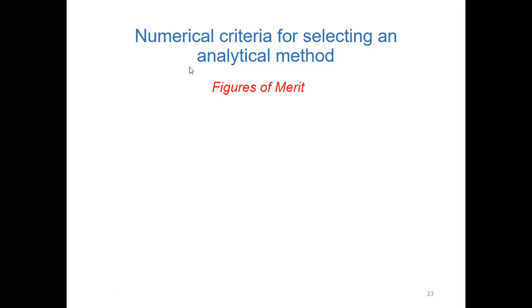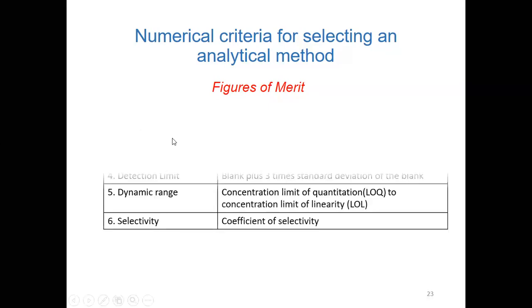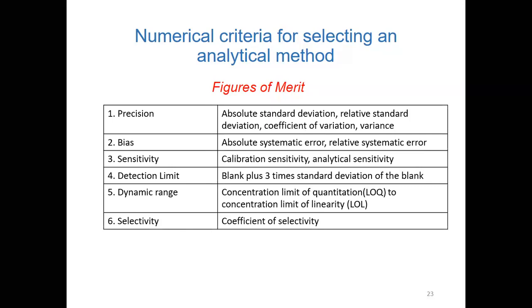So the figures of merit, that word you might have heard today, but I will show you what the figures of merit are. These are the figures of merit. I'm pretty sure you have heard precision, accuracy, all these things before, but you might not know they are called figures of merit.